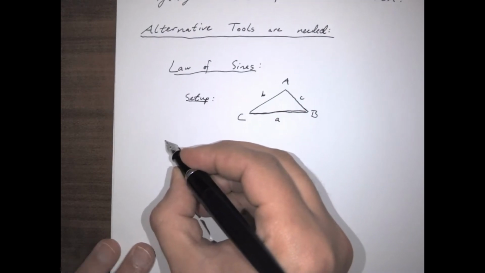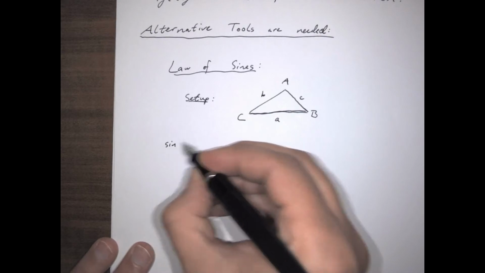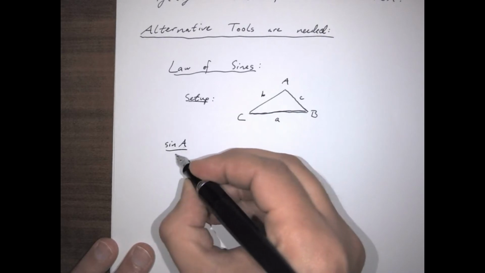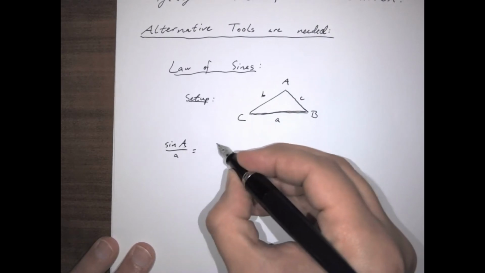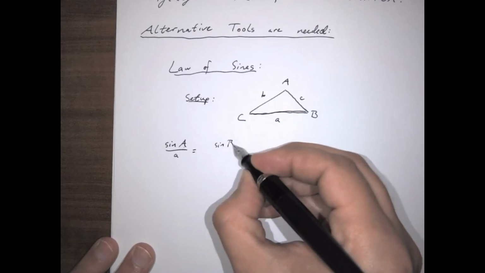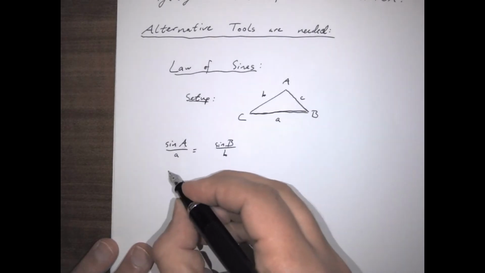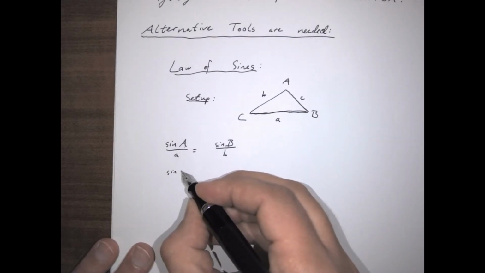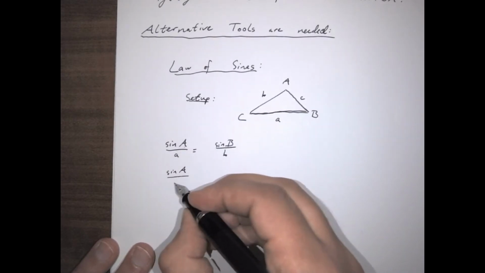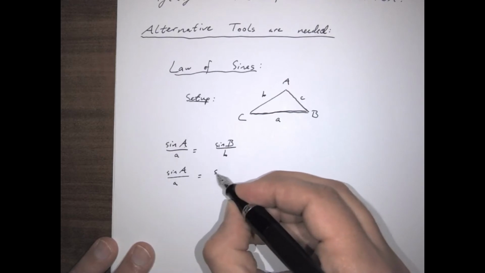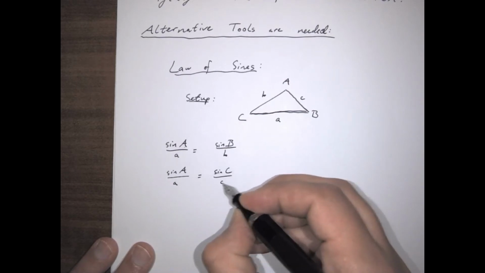So here is the law of sines. Sine A over little a is going to be the same as sine B over little b. And by the same token, sine A over little a is the same as sine C over little c.